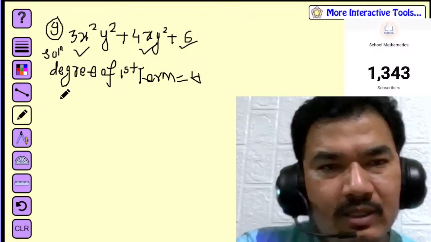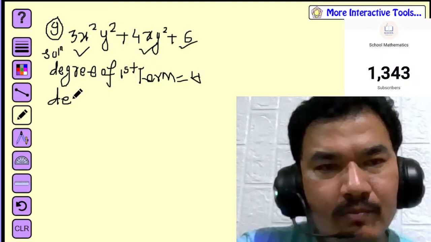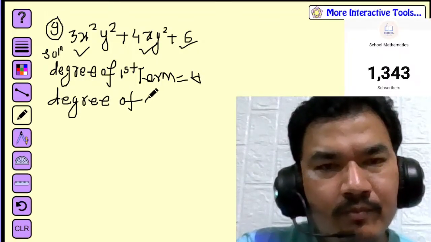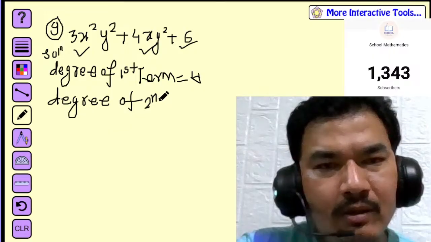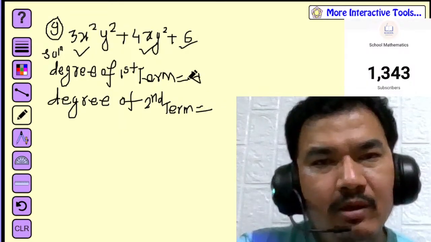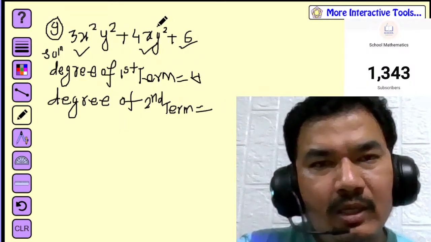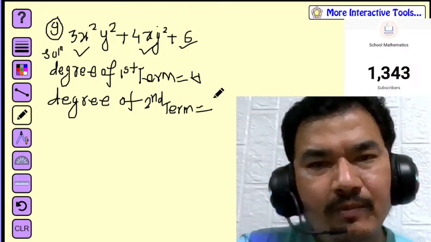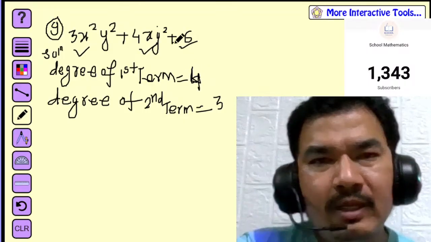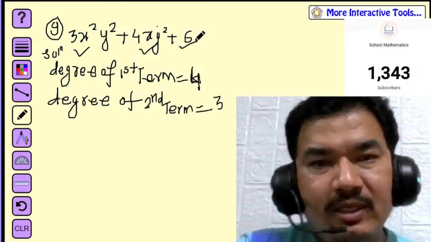And similarly write the degree of the second term. Here is power 1, here is power 2, so it is 3. This one is 4. And here is no variable, so its degree will be 0.